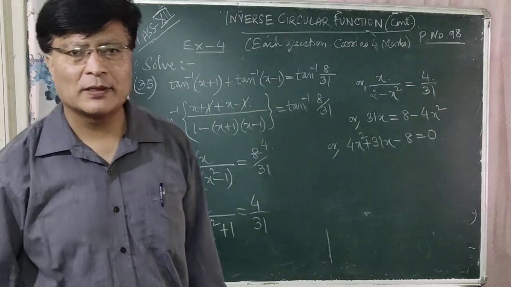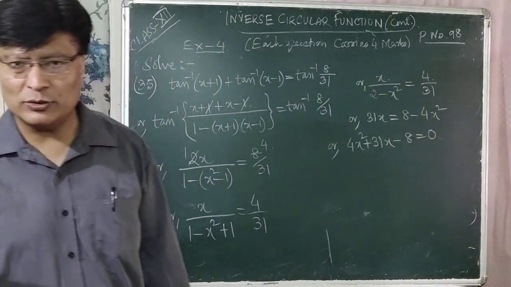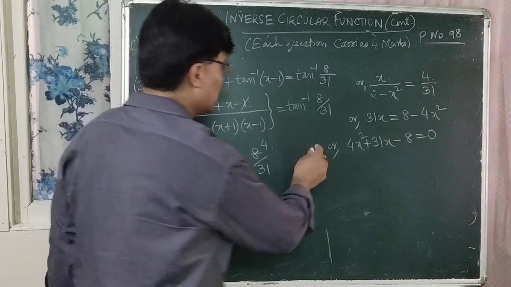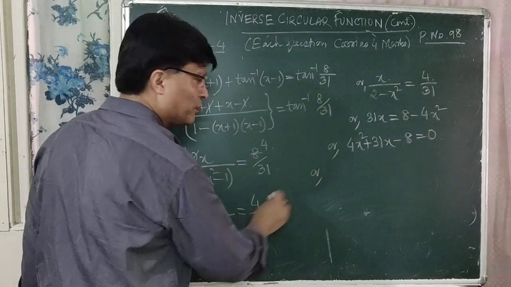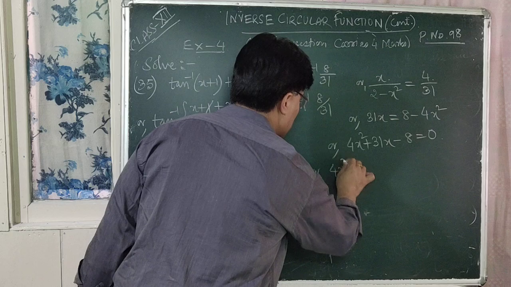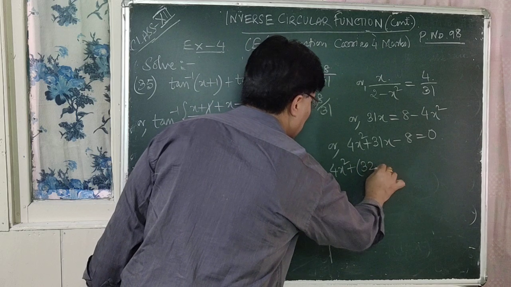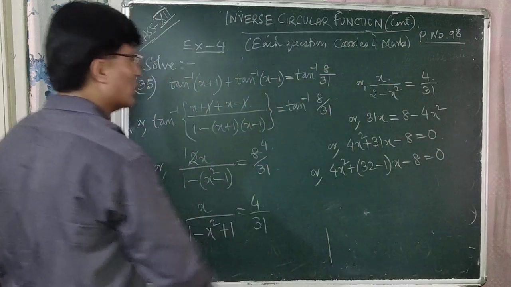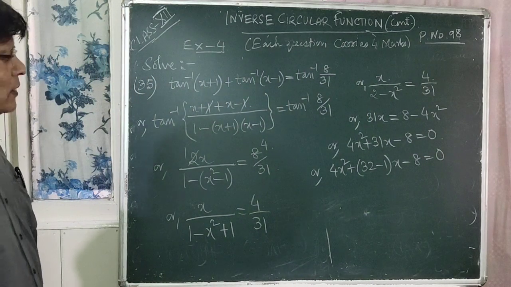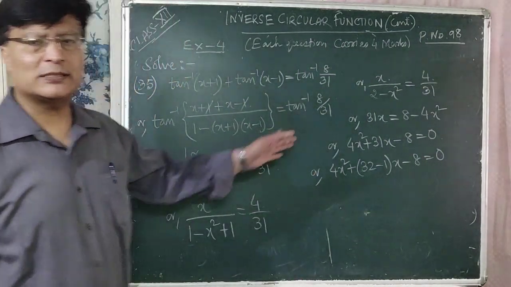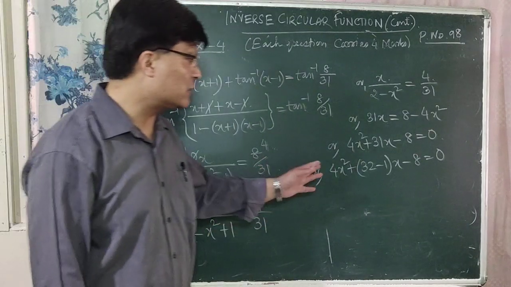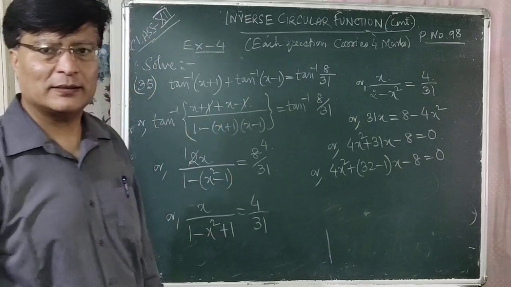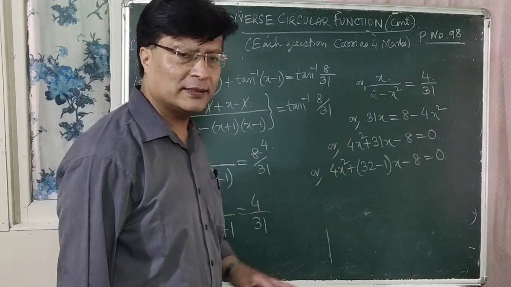What is it? 32 ones are 32, but 32 minus 1 is 31, right? So you can break the middle term here: 4x square plus (32 minus 1) into x minus 8 is equal to 0. Okay? So we break the term, that is 31, that is 32 minus 1 is 31.